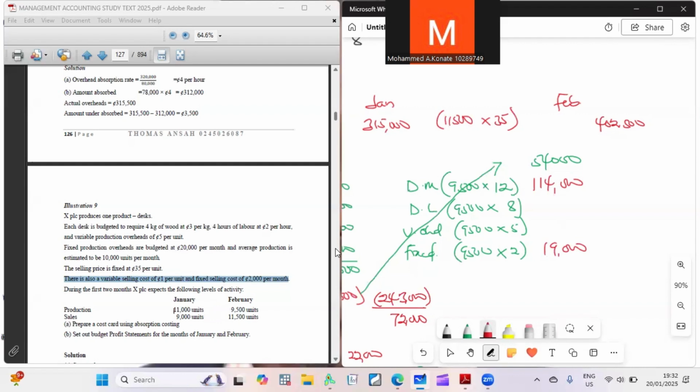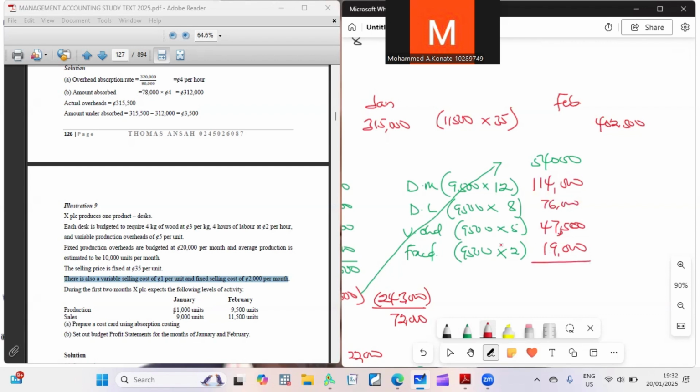And 9,500 multiplied by 5 gives me 47,500. And 9,500 by 8 gives me 76,000.